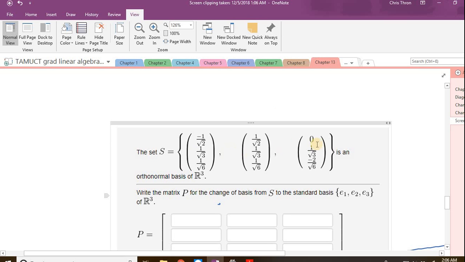According to what we just said, if you have orthonormal vectors, the inner products are always going to be 0 unless the two vectors are the same. So you can think about that, but that argument shows that in fact the transpose of this matrix is the change of basis matrix in the other direction.